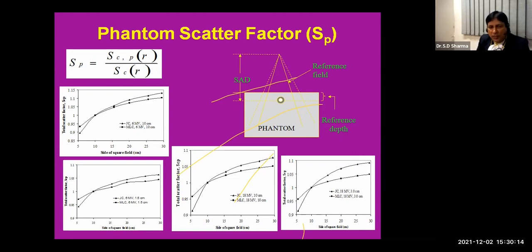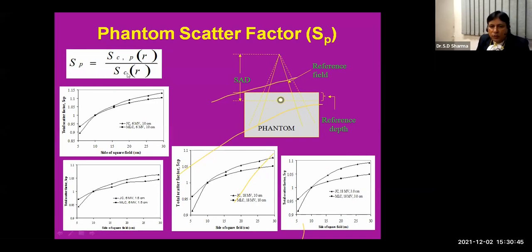So what generally we do is define another parameter called total scatter factor, SCP, and we indirectly derive the value of phantom scatter factor, because measurement of collimator scatter factor is very easy in nature. Measurement of total scatter factor using a full scatter water phantom is also equally easy. So if we take the ratio of these two parameters, it is possible to generate the value of phantom scatter factor.